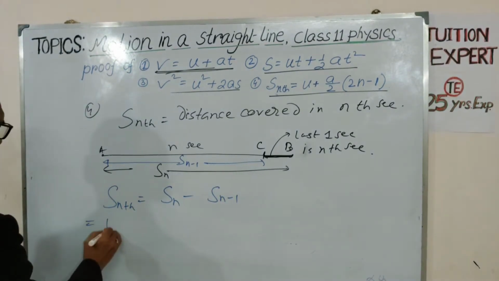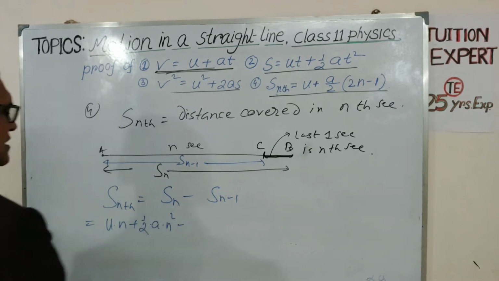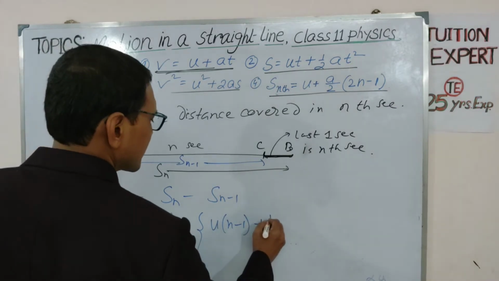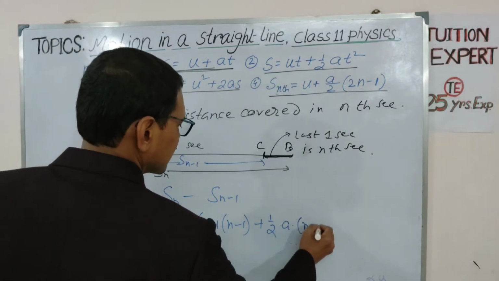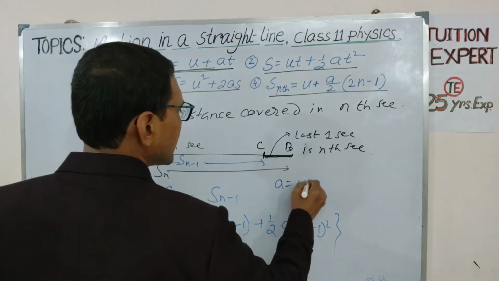So Sn equal to un plus half a n square, minus this, where a is uniform acceleration.